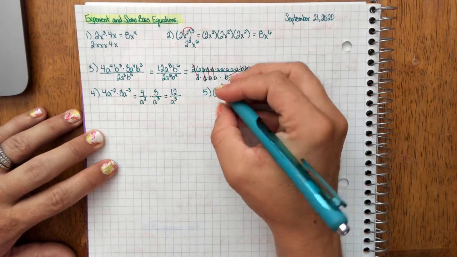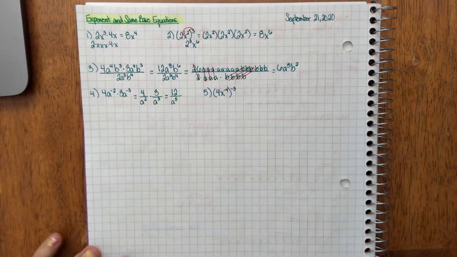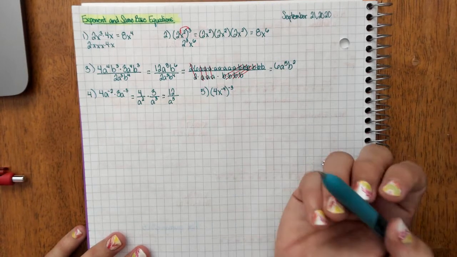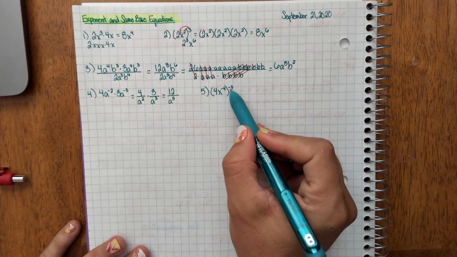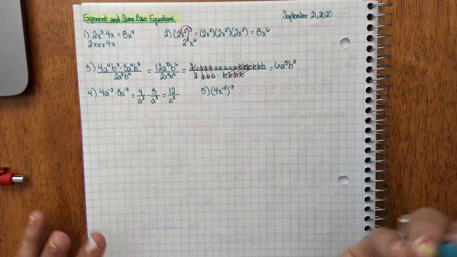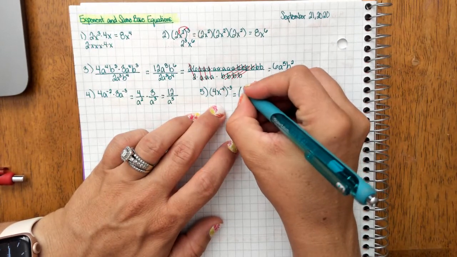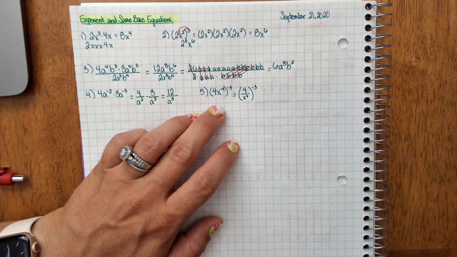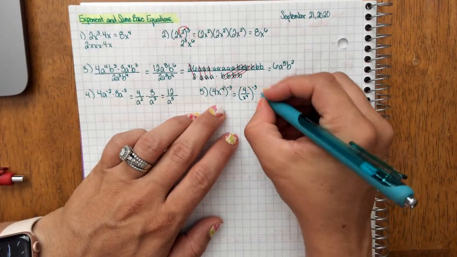Number 5 is 4x to the negative 4th all to the negative 3rd power. So again, you can either distribute, and I'll show you both ways here. You can distribute or you can simplify inside and then do your exponent outside. So if I simplify inside first, I have 4 over x to the 4th, to the negative 3rd. What the negative means is I flip this, and then third means I do it 3 times.